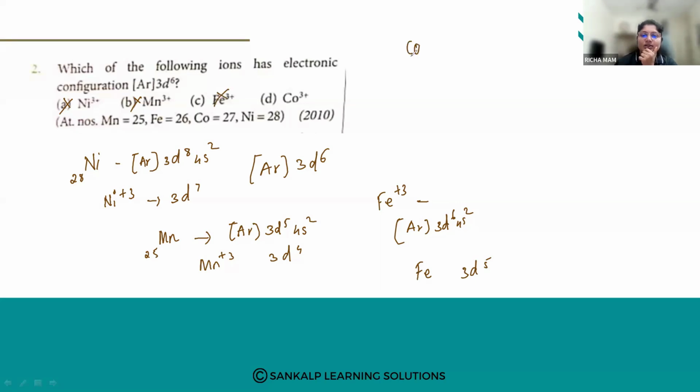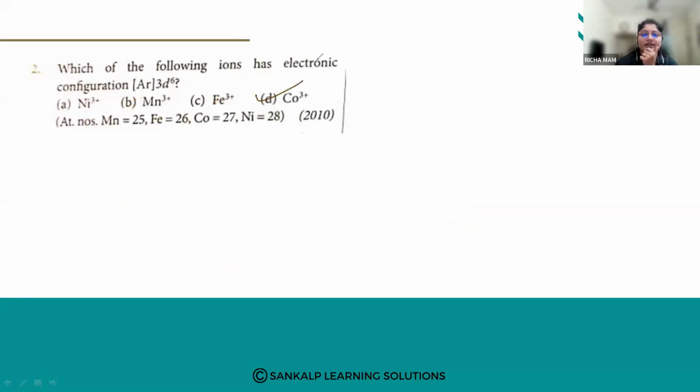Let's see for cobalt. Cobalt is 27, argon 3d7, 4s2. Cobalt plus 3 will be 3d6. So which is the correct answer? Option number D. Everybody got the same?